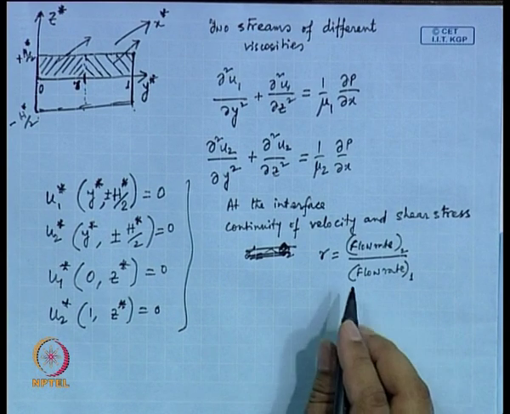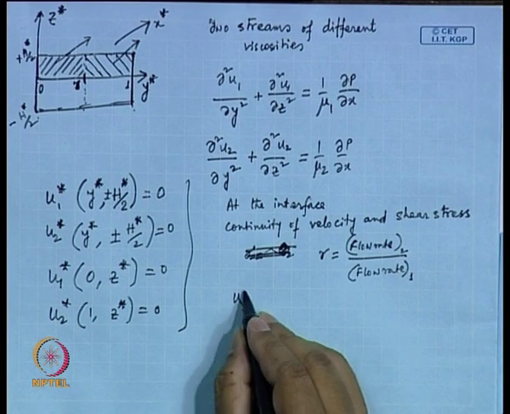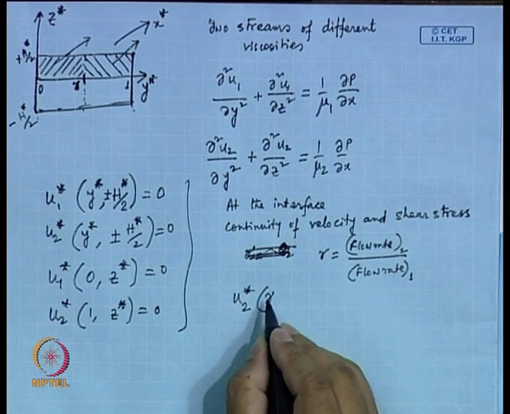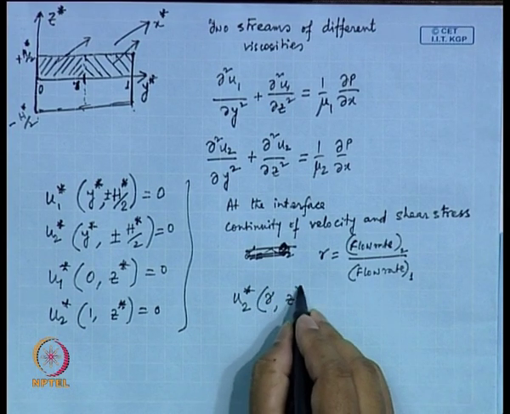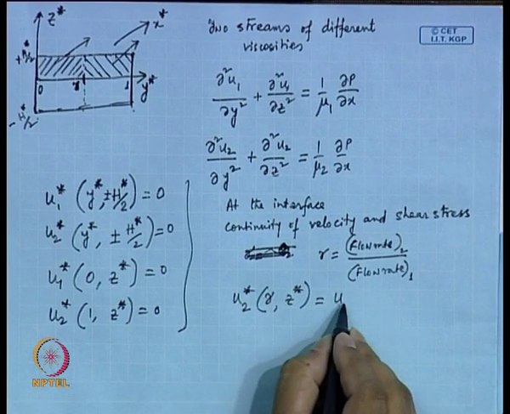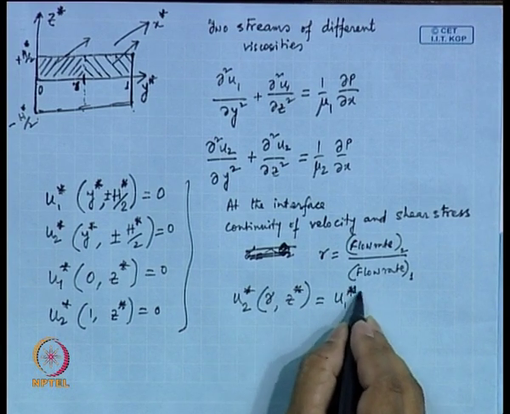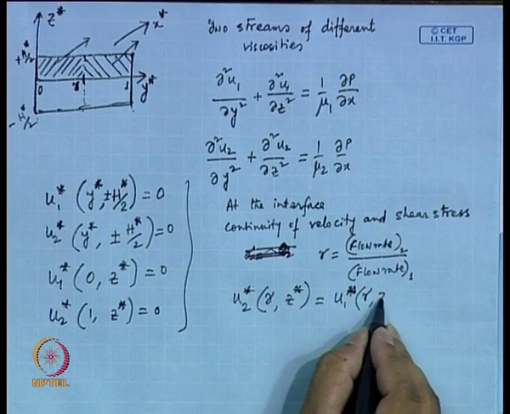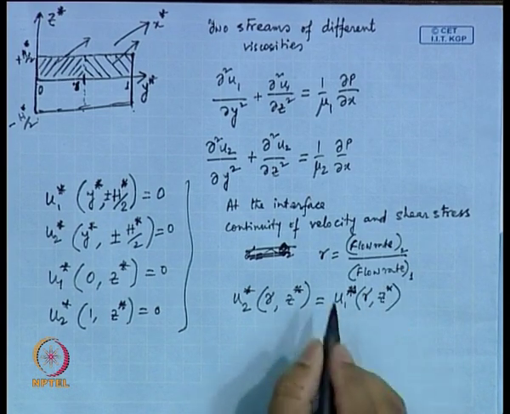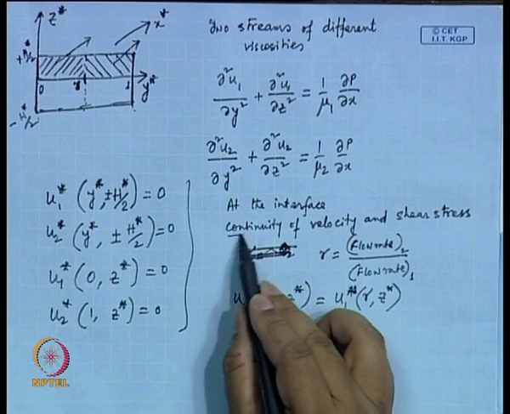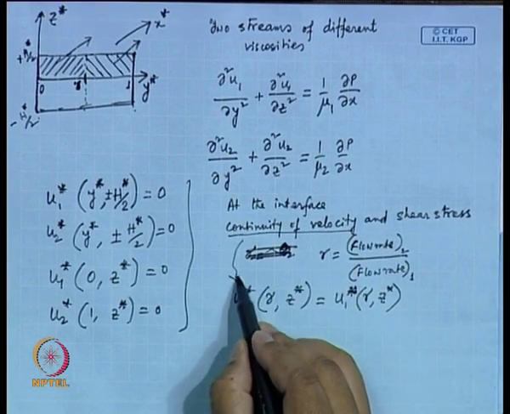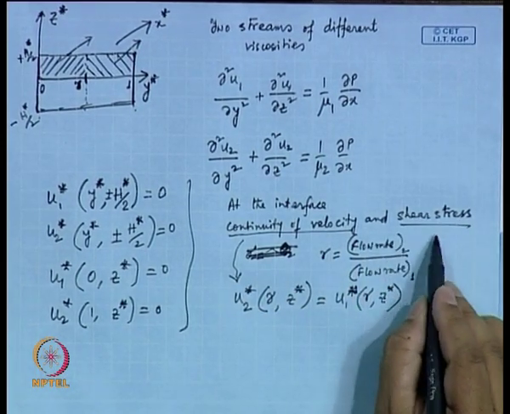Okay. And then you can write u2 star at gamma, z star, that is equal to u1 star at gamma, z star. So, this is basically the continuity of velocity that is satisfied, and the continuity of shear stress.